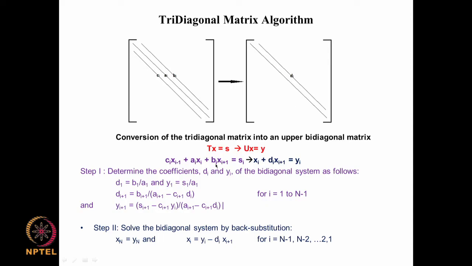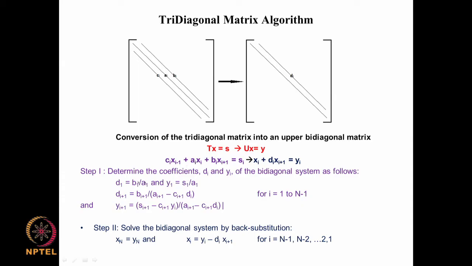Now we have also derived steps by which we can obtain the values of di and yi from the known Tx equal to S. That is, known values of Ai, Bi, Ci and Si.